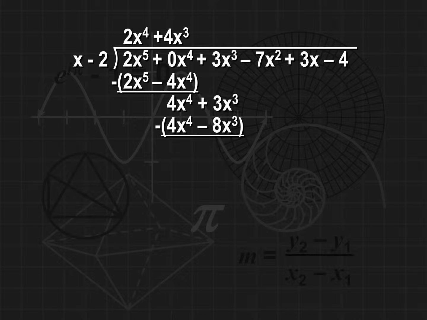Good. Okay, so now we're subtracting. So this is going to become minus 4x to the 4th, and this is going to become minus a negative, which is going to become positive or plus 8x cubed. So we end up with 3x cubed plus, because of the minus negative, 8x cubed, and we end up with 11x cubed.